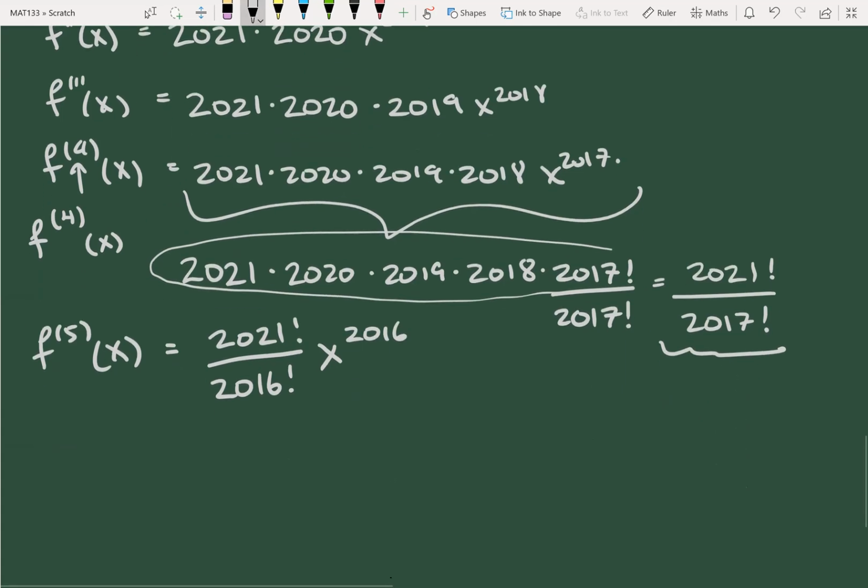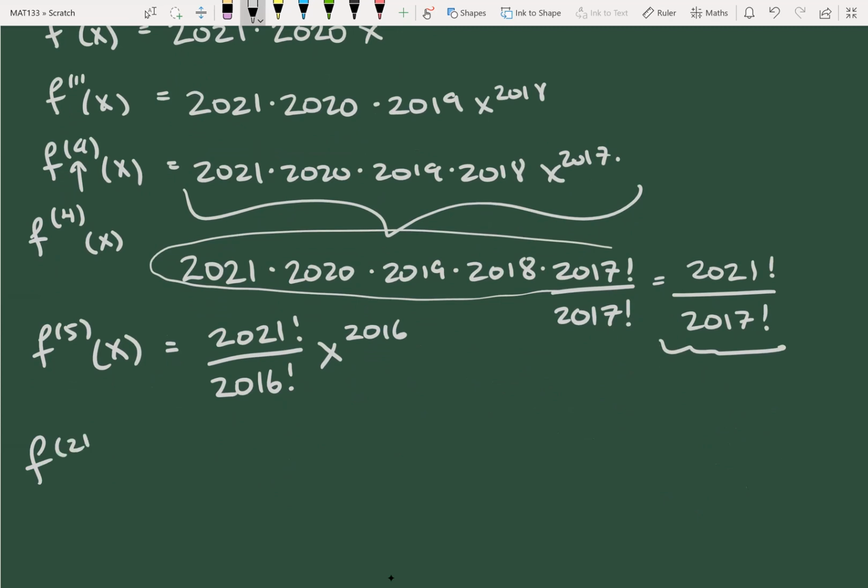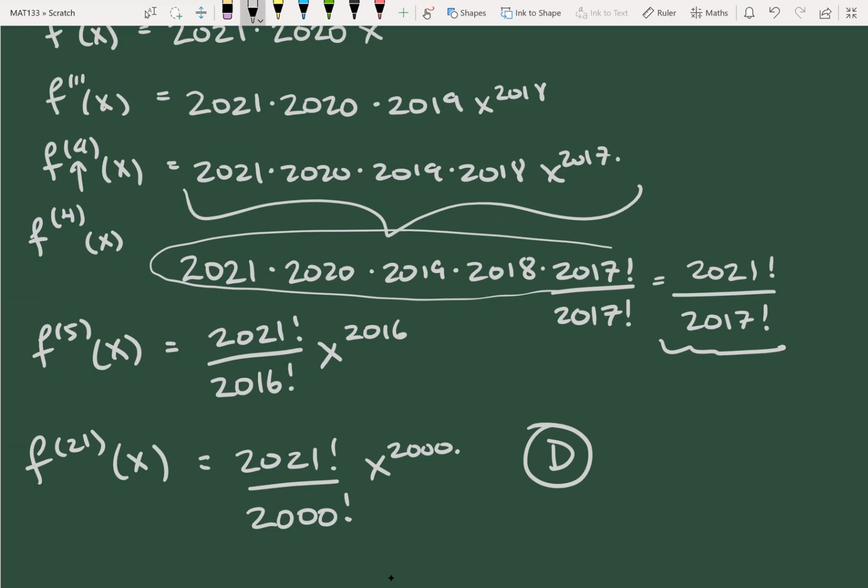So you can probably guess F to the 21 is 2021 factorial over 2000 factorial X to the 2000, right? And that was D. Okay, does that make sense? Does everyone kind of see it? It's just about figuring out what the pattern is.